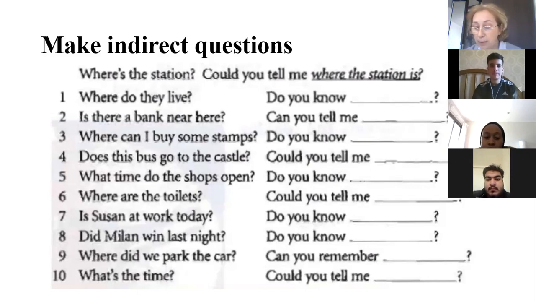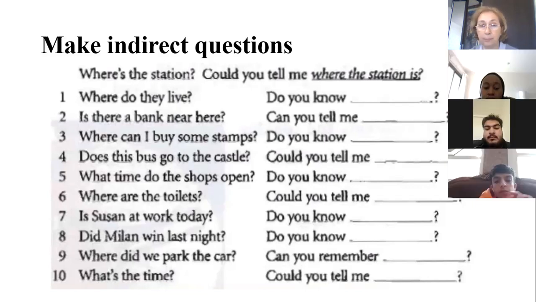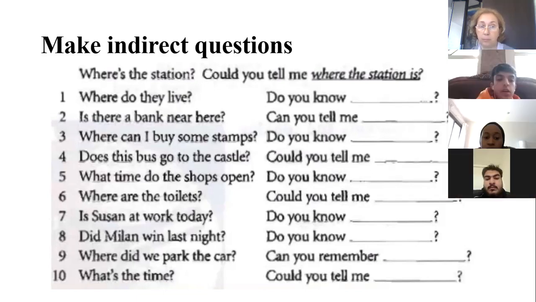Yes. So the next sentence is for Kazum. Yes, miss. What time do the shops open? And it will be, do you know what time the shops open? Yes. Right. Because we don't use do in this case. Okay, good.